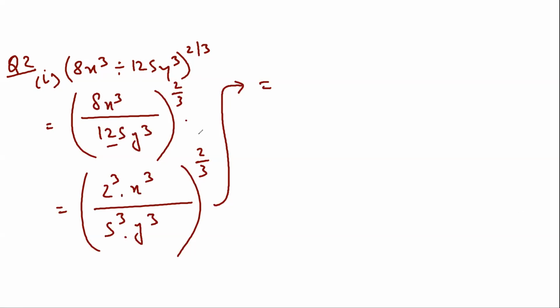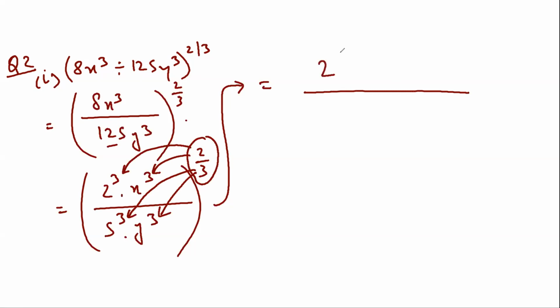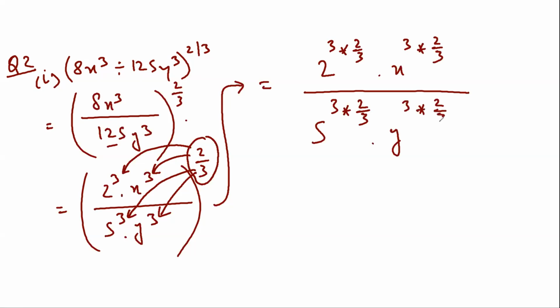Okay, so this 2 by 3 would come and meet this 3, this 3, this 3, as well as this 3. So I'll write whole of this as 2 cube into 2 by 3, into x cube into 2 by 3, upon 5 cube into 2 by 3, and y cube into 2 by 3.